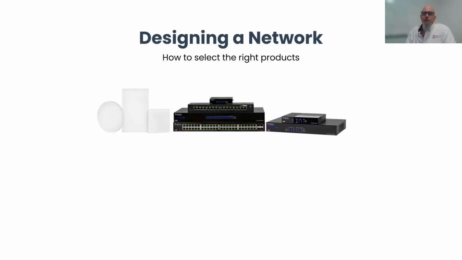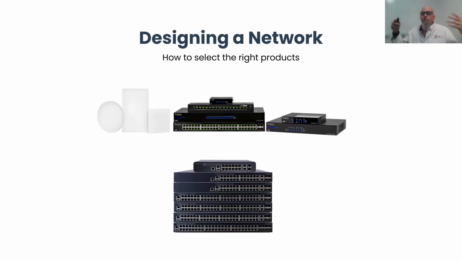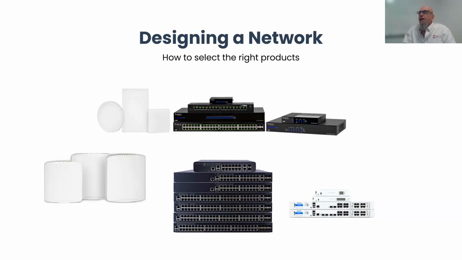But just knowing that everything should be hardwired, how do you then determine where to start? How do I choose the right switches to connect the Ethernet cable to? How do you select the right quantity or types of access points that I need? How do I select the router or firewall to ensure that it's going to meet my client's expectations for performance and security concerns?